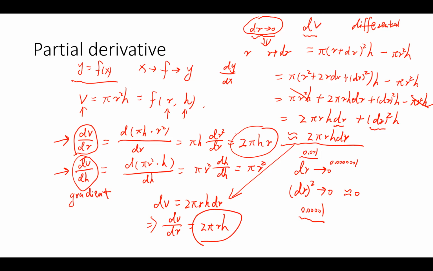So basically what this tells us is that even if we go through these routes of analyzing the differential in volume, we have the same conclusion: our sensitivity of volume with respect to change in the radius is actually the same expression as if we were to use the derivative rule itself.